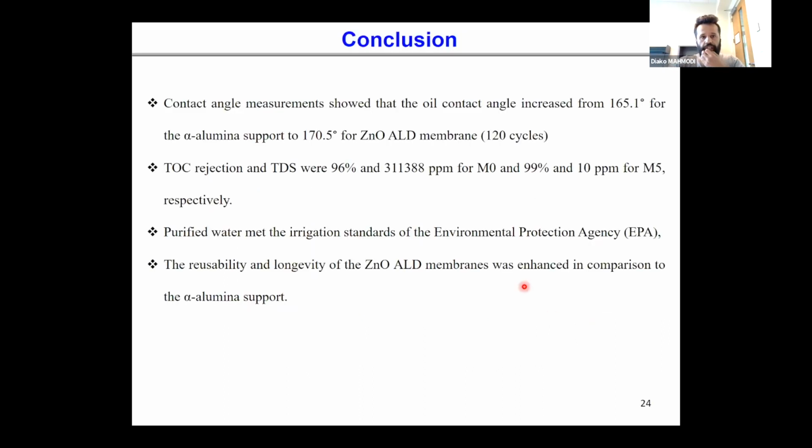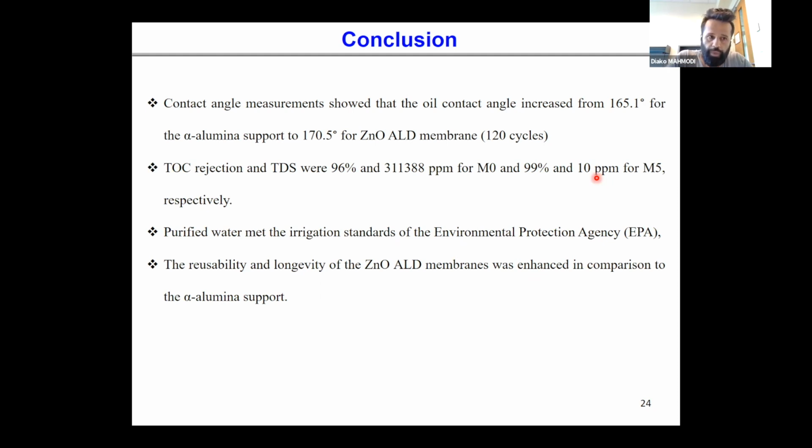Here is the conclusion. The contact angle measurements showed that the oil contact angle increased from 165 for M0, the alpha alumina support, to 170 for zinc oxide ALD membranes with 120 cycles. TOC rejection and TDS were 96 and roughly 300,000 ppm for M0, and 99 and 10 ppm for M5.